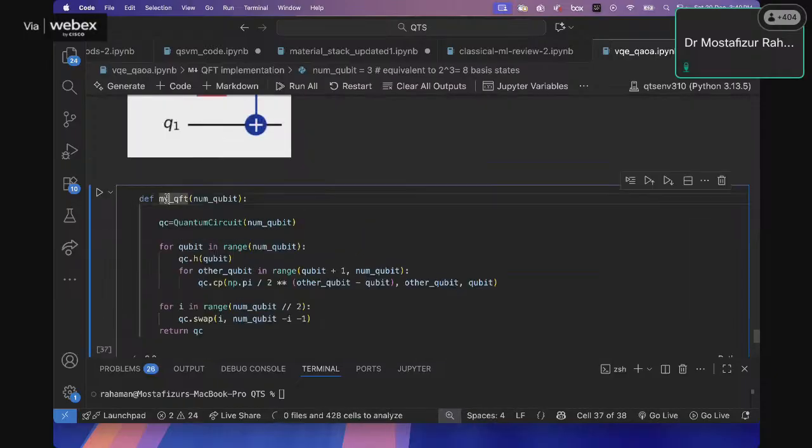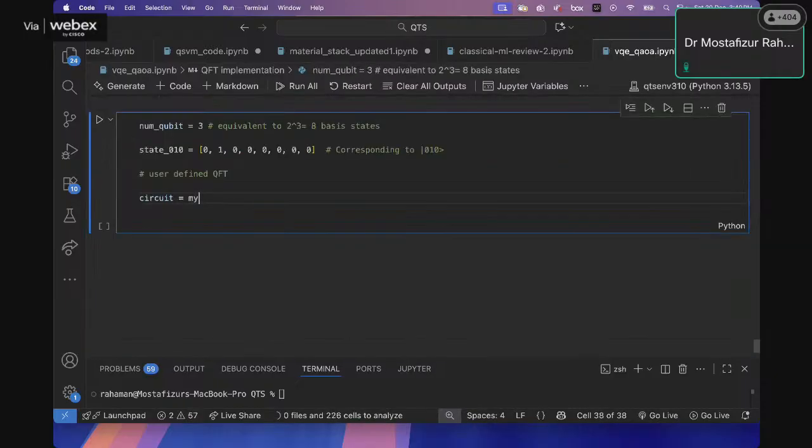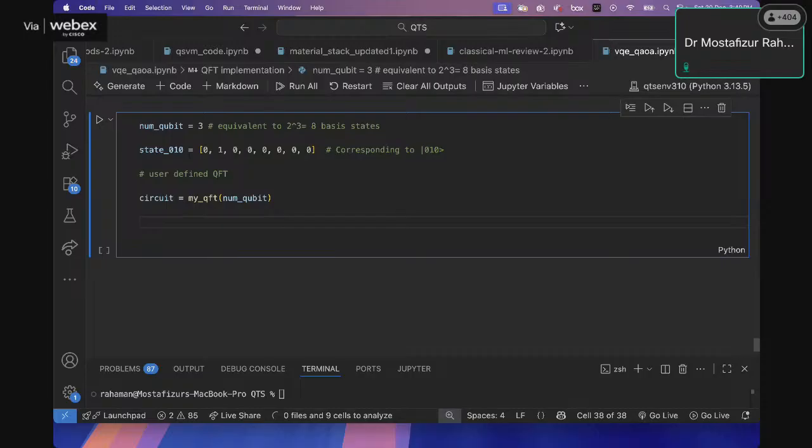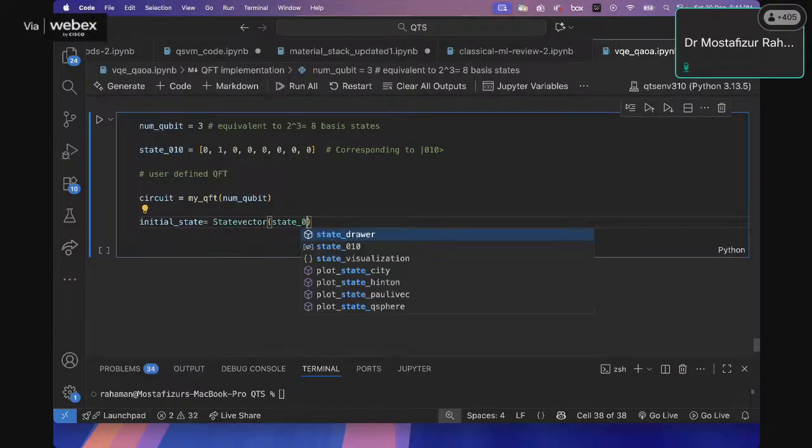Our function name was this one, and we have to apply this to num_qubits. Now, initial state equals to state vector of the state. I'm just encoding using the state vector function 0, 1, 0.